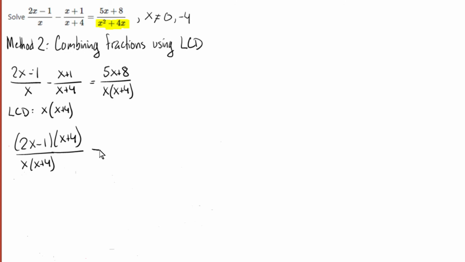For the second term, in the denominator we have x plus 4, so we need to multiply it by x this time to get the LCD, which means we have to multiply the numerator by x as well. And then the third term already has the LCD, so we don't have to do anything there.